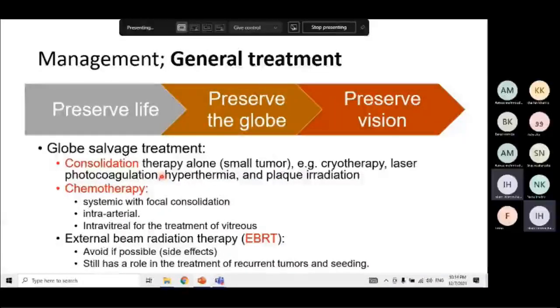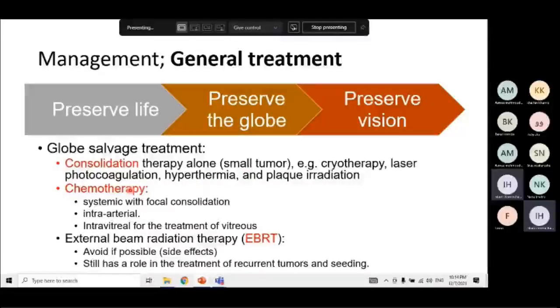We treat only the tumor locally, either with cryotherapy, laser photocoagulation, TTT, which is called hyperthermia or transpupillary thermotherapy, or plaque irradiation. So you put a radioactive plaque located to the site of the tumor, which will give just local irradiation to the tumor, and you solve the problem. But this is feasible only in small tumors.